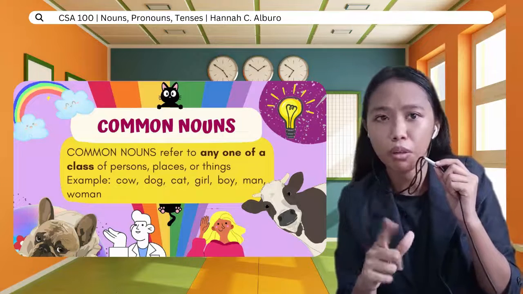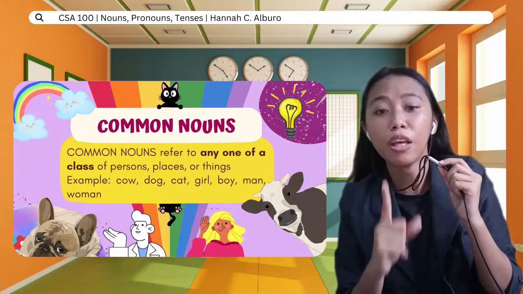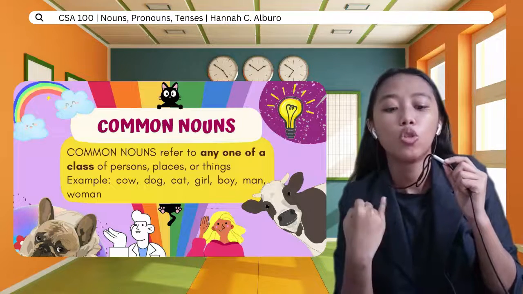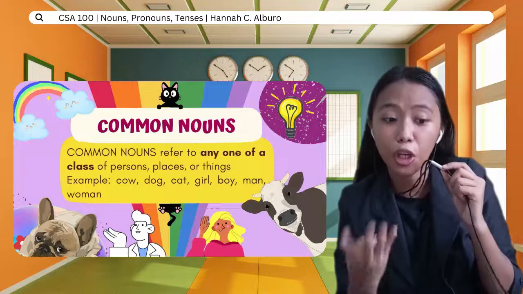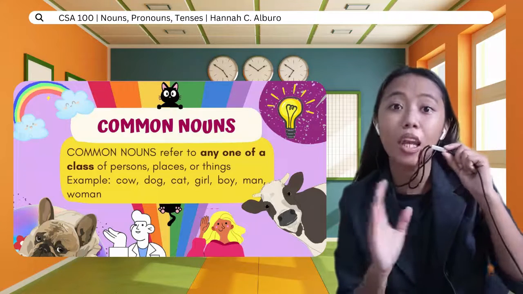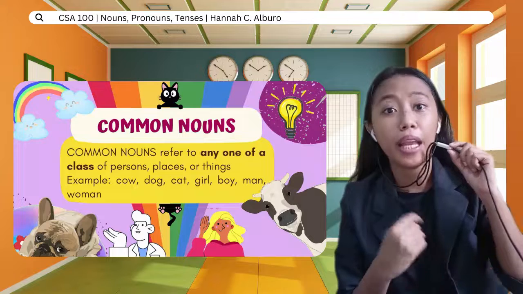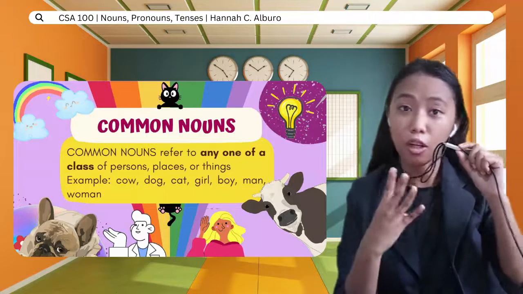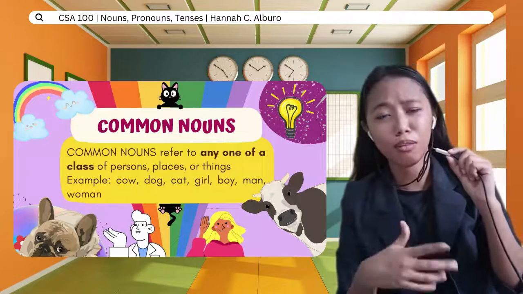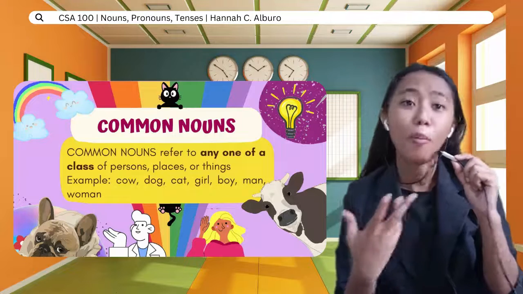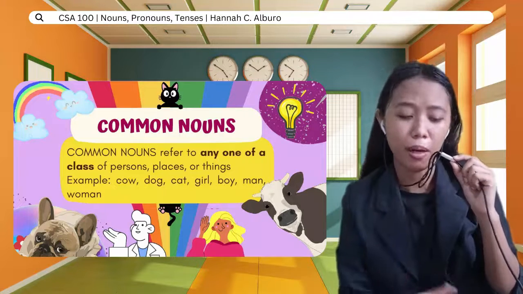It could refer to any one of these classes. Take for example, we have the cow, dog, cat, girl, boy, man, woman. So it could be any cow, any dog, any cat, any girl, any boy, any man, any woman. It could be any of them because common noun is actually very general, di ba?